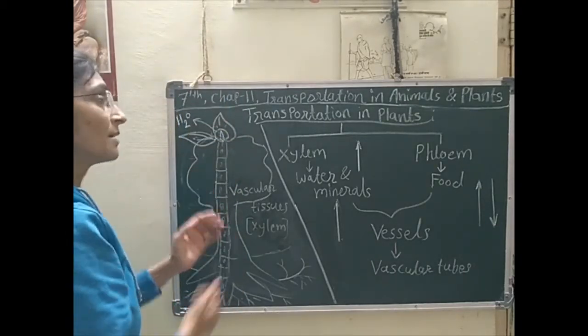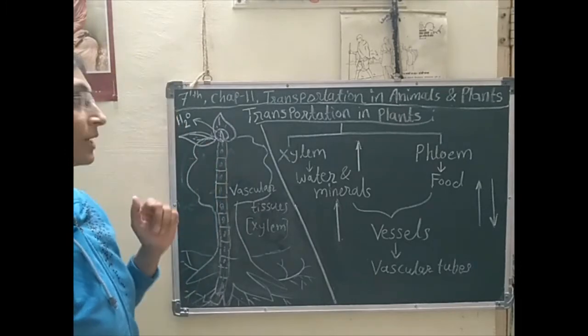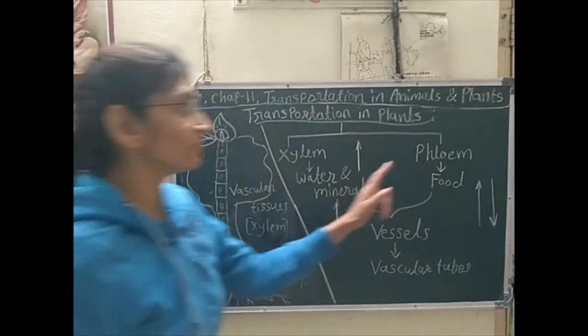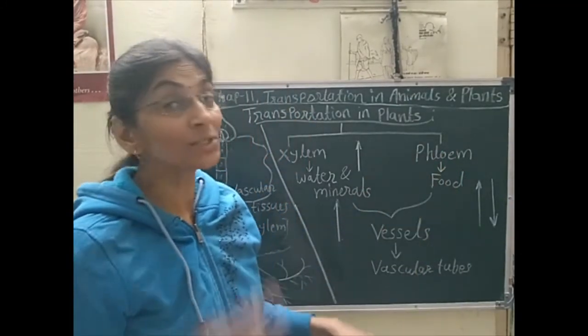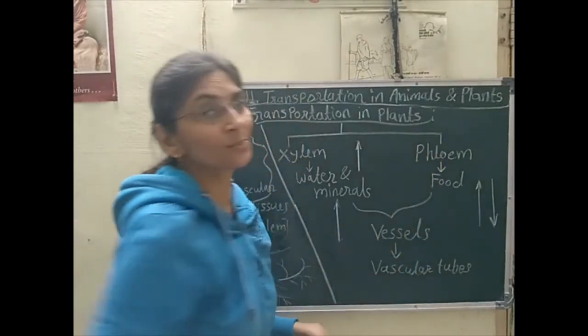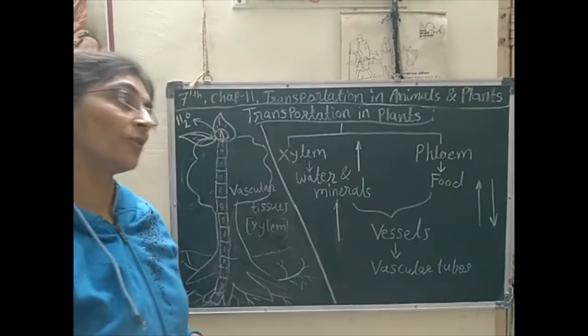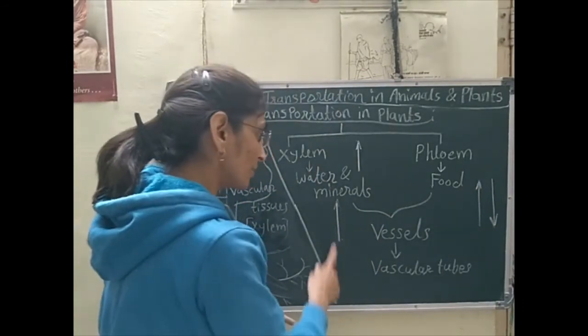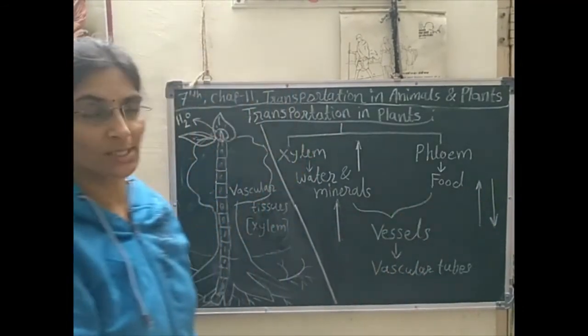Many times in both side it get transported, so that process is two-way process. Means the transportation of food through the phloem is two-way process. Yes, that is very important. That is one way and that is two-way process.